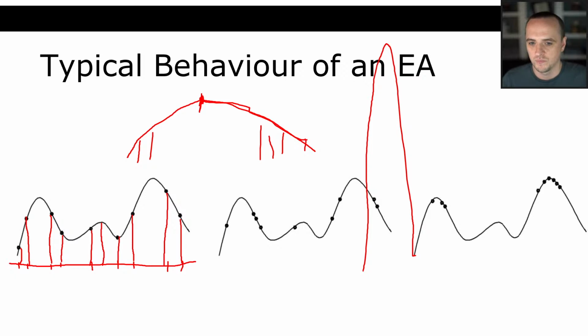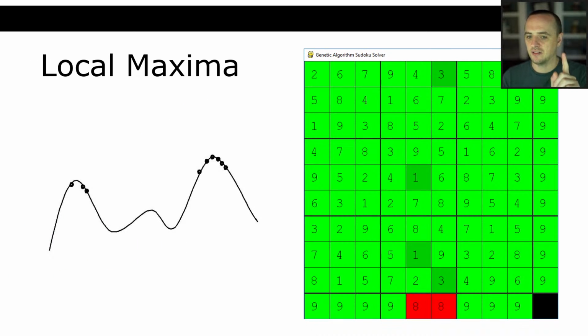But in general, more complex problems are going to have these global optima that are going to be difficult to get to because you're going to get stuck in these local optima. Because changing this one right here probably won't jump you all the way over here. In Sudoku, it might look something like this.